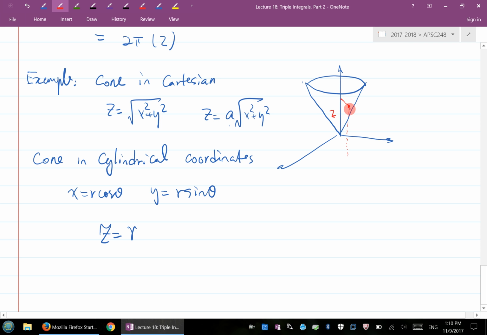When you project this point to the xy plane and connect the origin to that projection, this is your r. So what this Cartesian equation tells us is z equal to r. Basically, you look at this connection here, so this equals this.